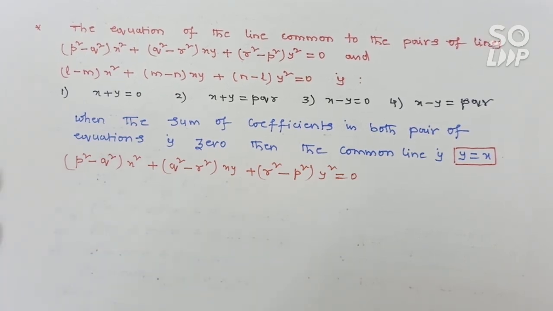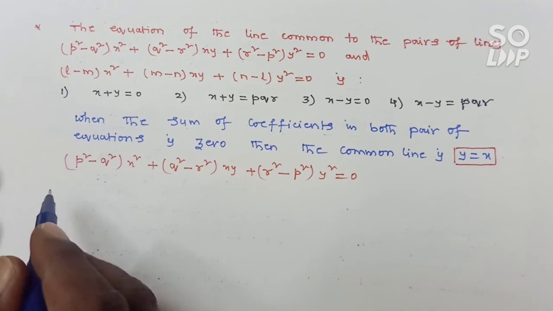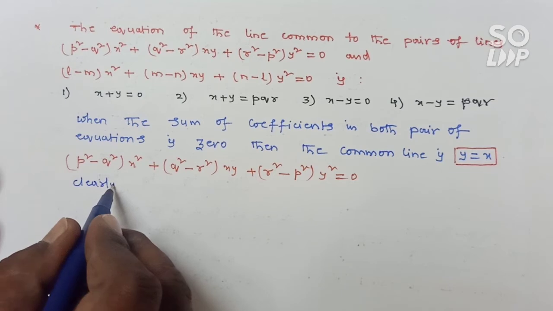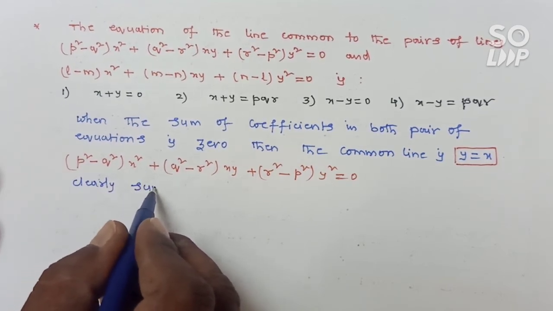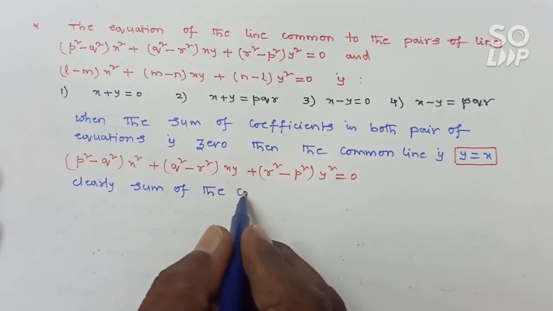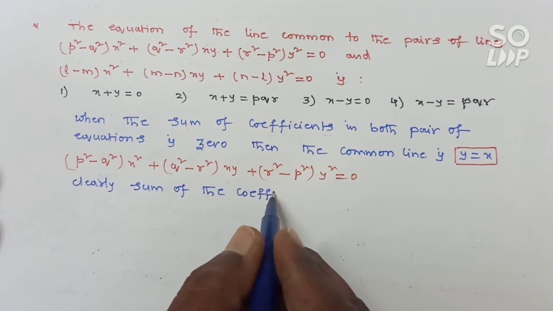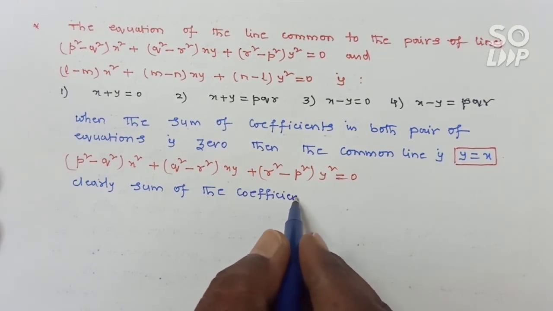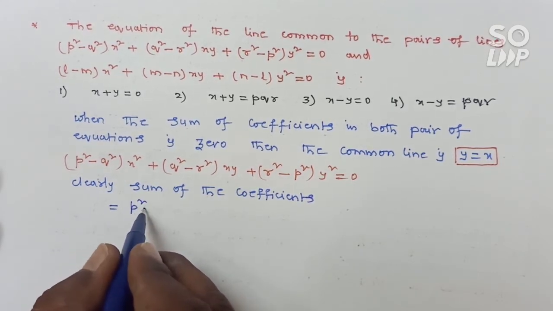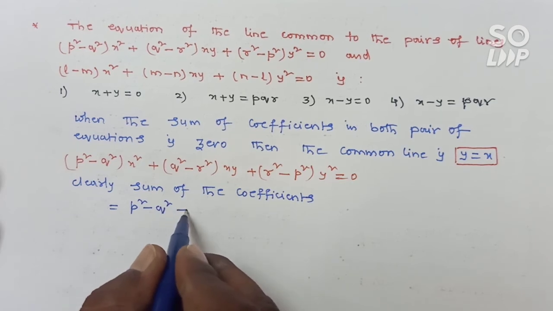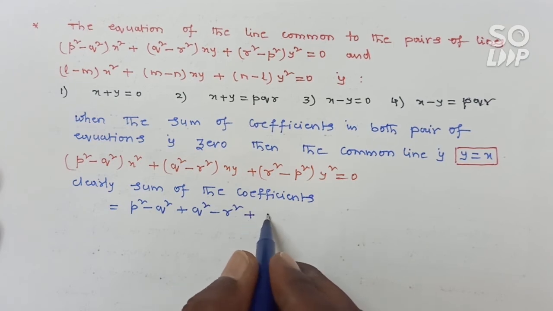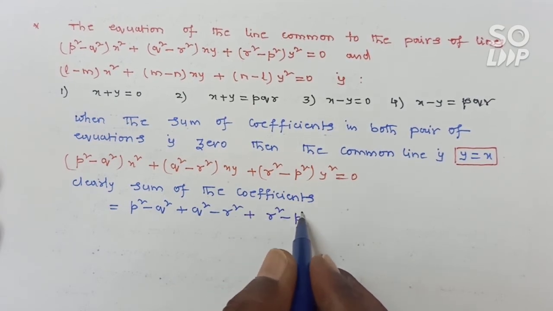Now, in this equation, clearly the sum of the coefficients is P square minus Q square plus Q square minus R square plus R square minus P square.